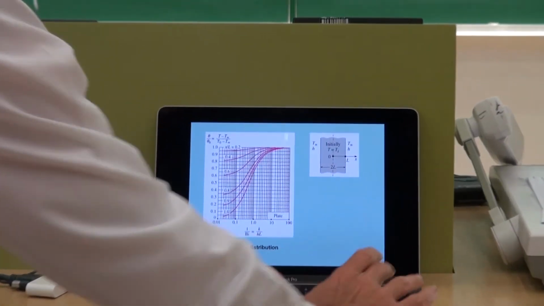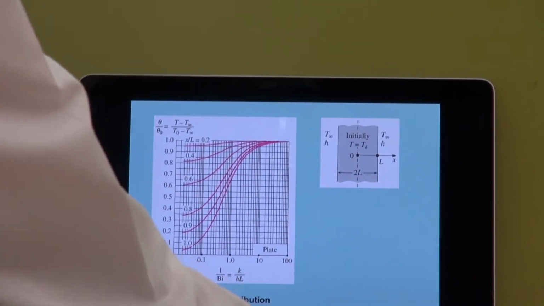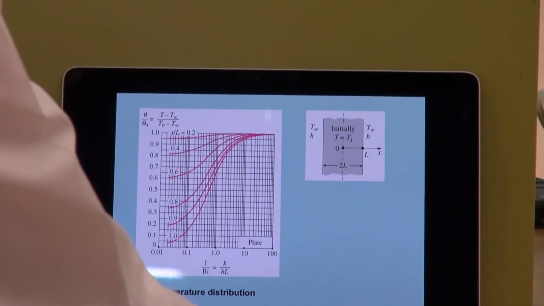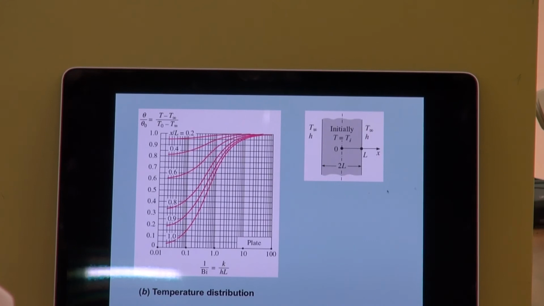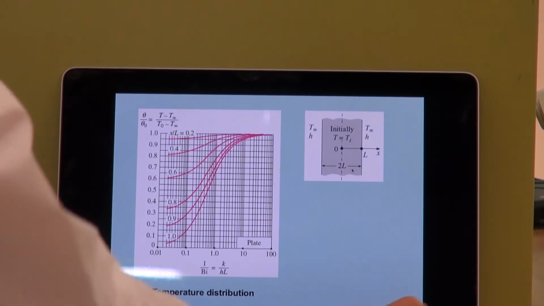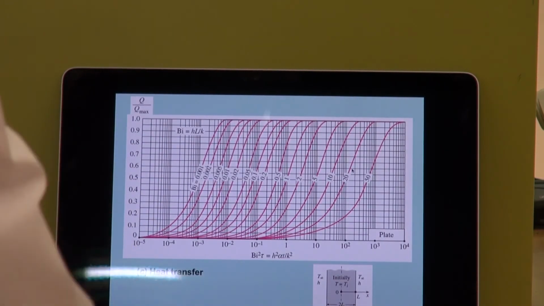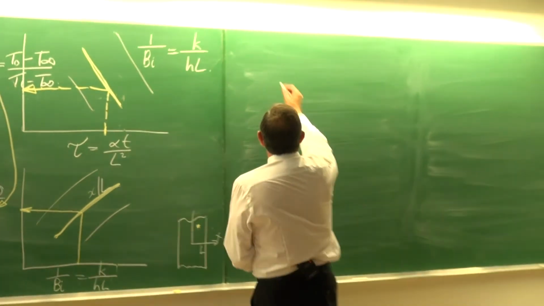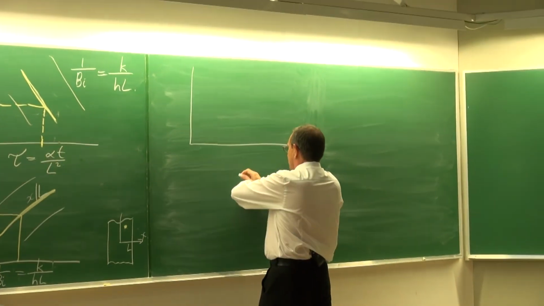Okay, so that is the other graph. The first one was theta 0. That's the second one, theta divided by theta 0. Look at the sketch there. It's very easy. And then the last one is the heat transfer chart, from which you can get the heat transfer rate at any point in time. And this figure looks like this.